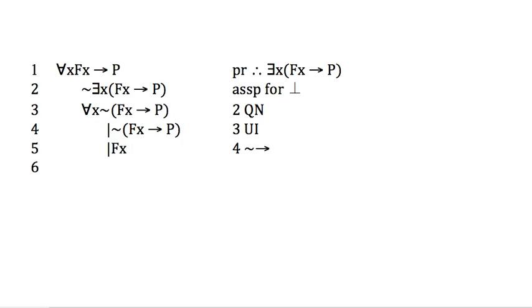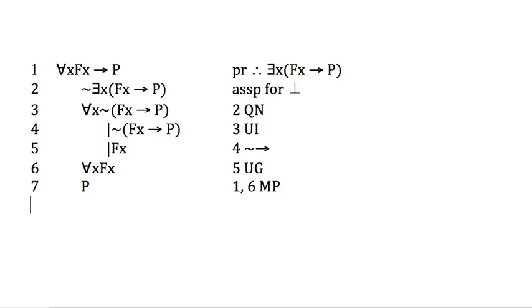On line 6, we can get for all x f of x, from 5 by universal generalization. Now we can get p. That's from 1 and 6 by modus ponens.